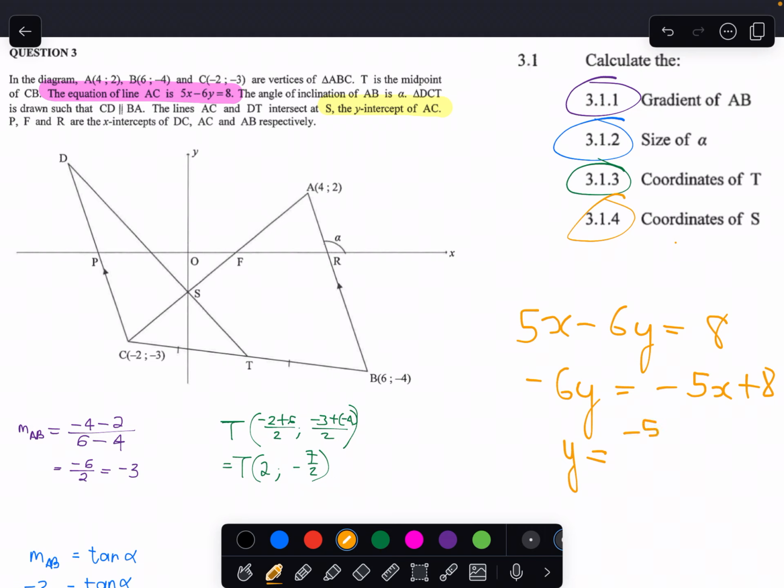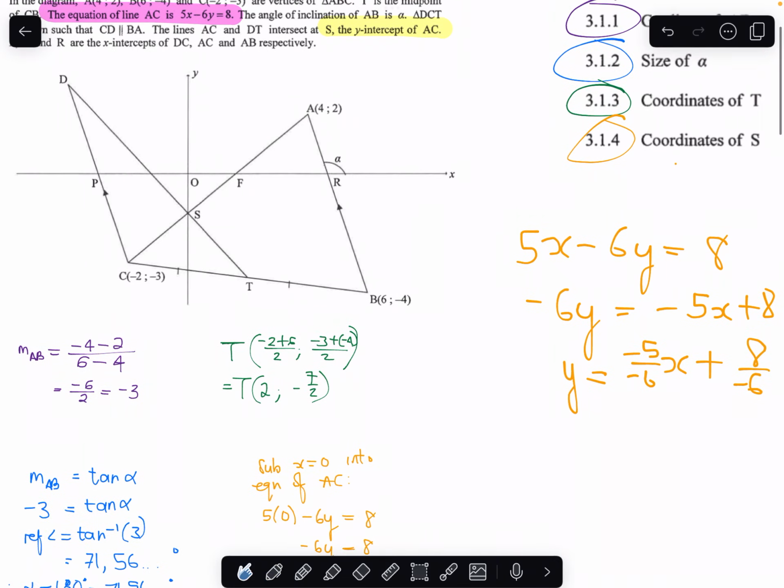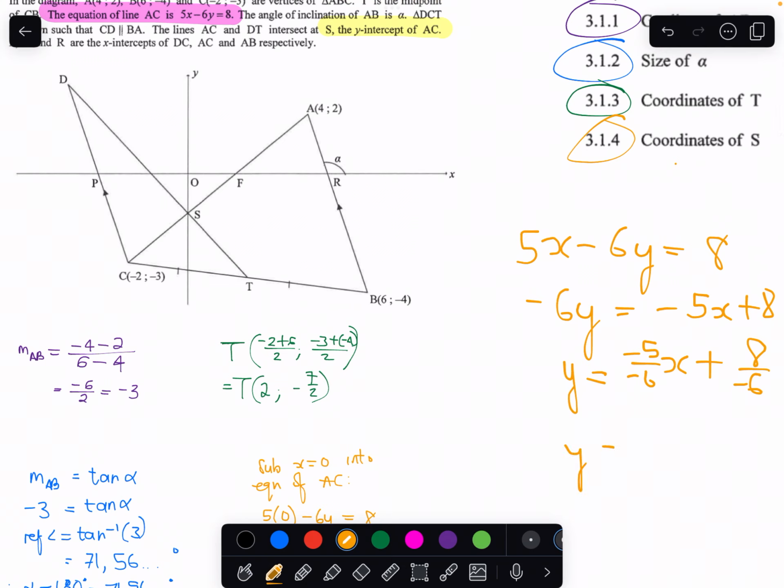So that will be minus 5x over minus 6, plus 8 over minus 6, right? And that would be y is equal to positive 5 over 6x minus 4 over 3, right? So then we're still getting that minus 4 over 3 as the y coordinate of the y-intercept.